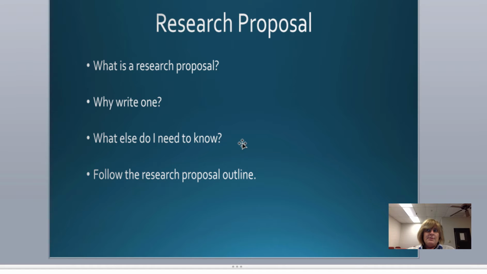And what else do you need to know? That it is scholarly writing. It is a piece of academic writing, and so you need to be aware of that and make sure that you write it that way. You need to write your answers thoroughly, but yet keep it within the one-page guideline, okay? Don't go over, don't go under.